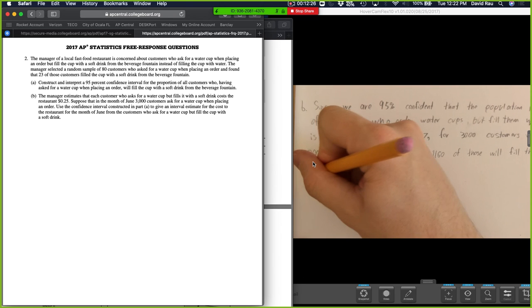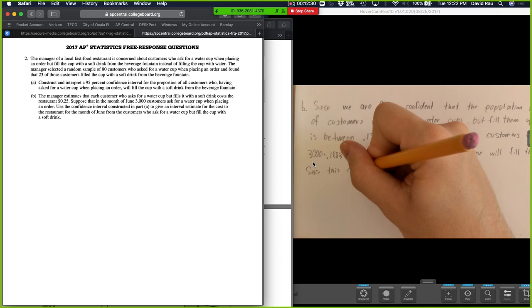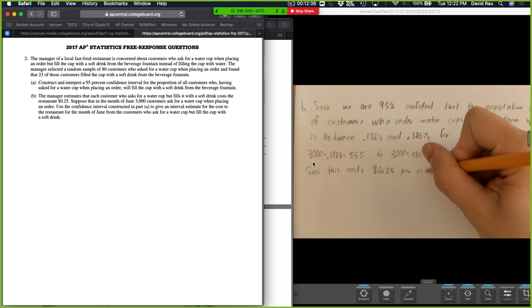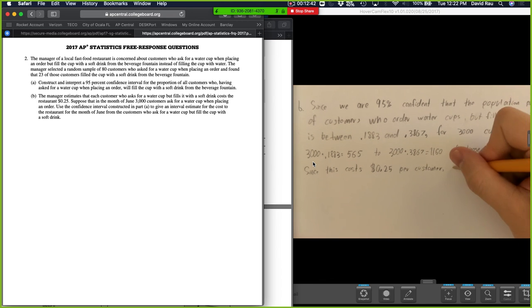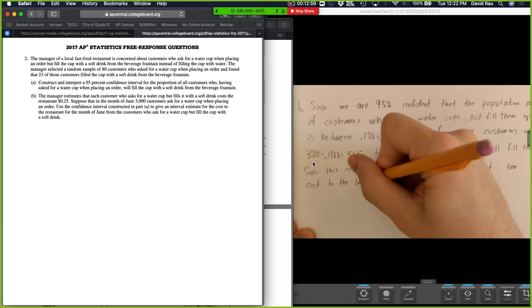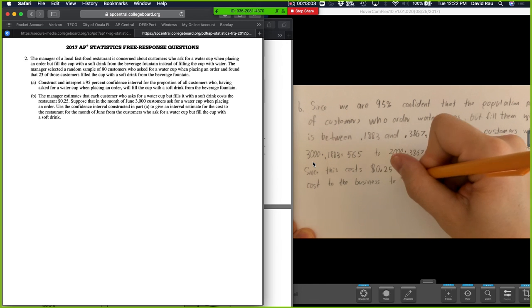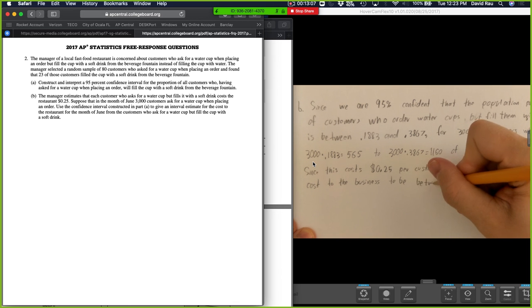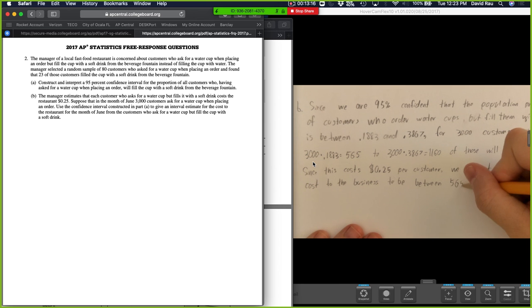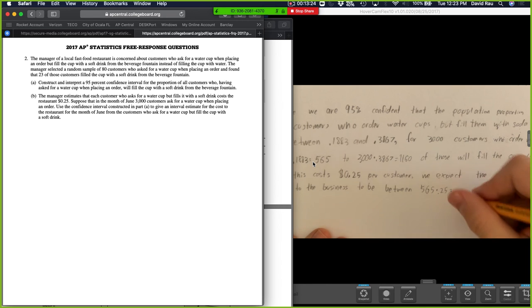So then, since this costs, I guess I'll say, per customer, we expect the true cost to the business to be between, now again, I'm going to show the math here, 565 times 0.25, which is $141.